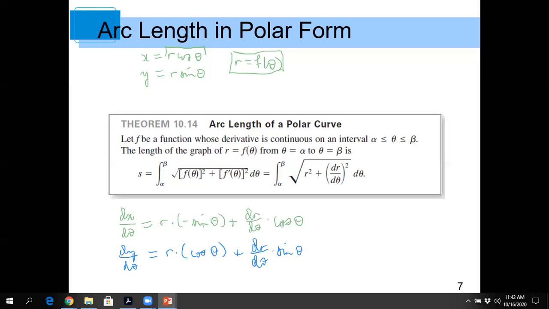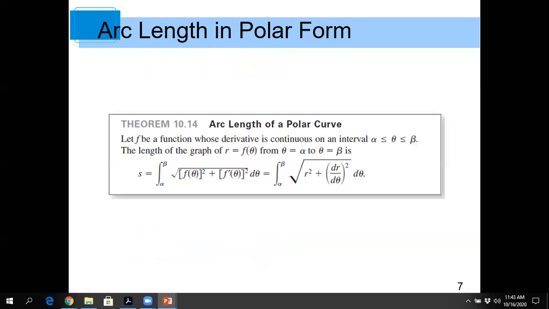Okay, but the formula for arc length that we had before said to take these derivatives and do what to them? Square them and add them together, yeah? Okay, so look, what did I just do? Somebody help me out here. What was dx d theta?